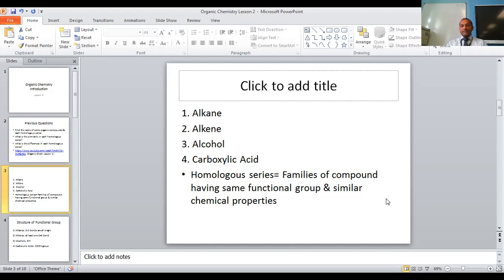One is alkane, number 2 is alkene, 3 is alcohol, number 4 is carboxylic acid. The homologous series means a family of compounds having the same functional group and similar chemical properties. So what is this functional group? Today we will discover more.